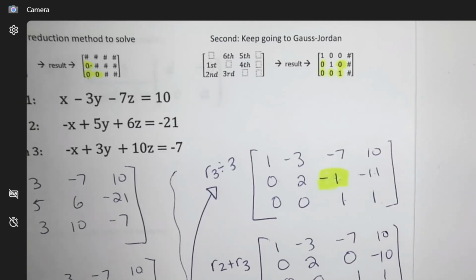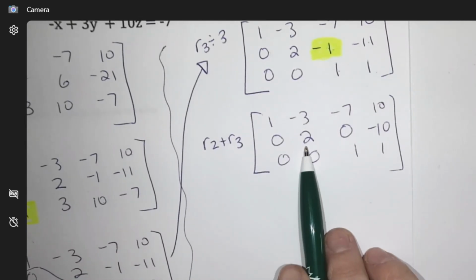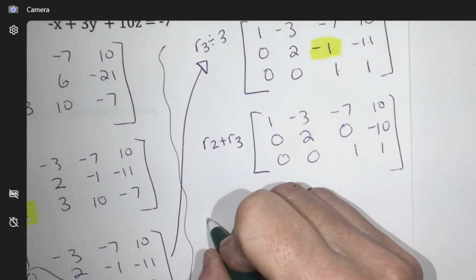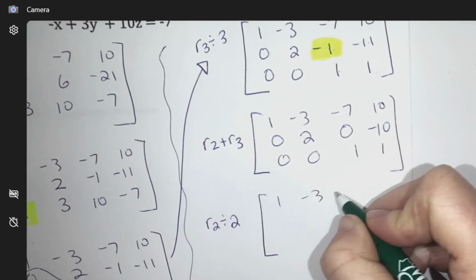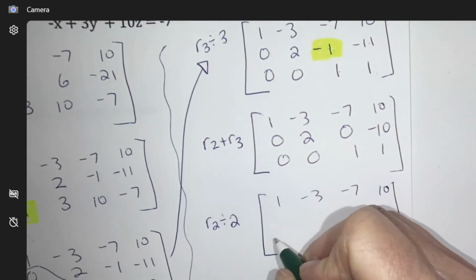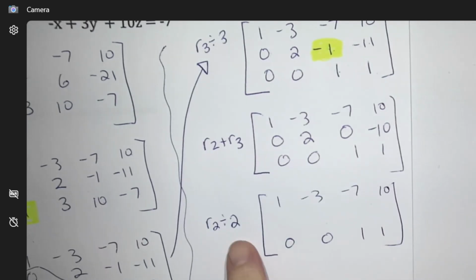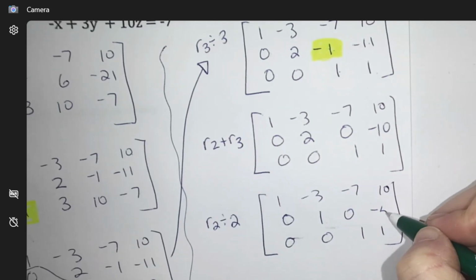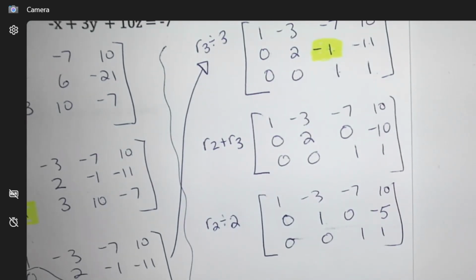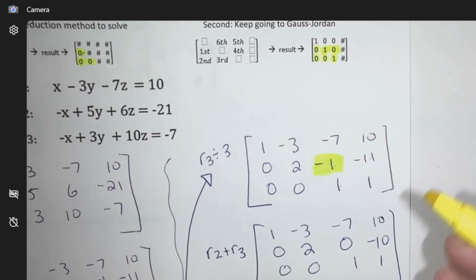Make that a 1, 1 it out. So row 2 divided by 2. So 0, 1, 0, negative 5. Done.